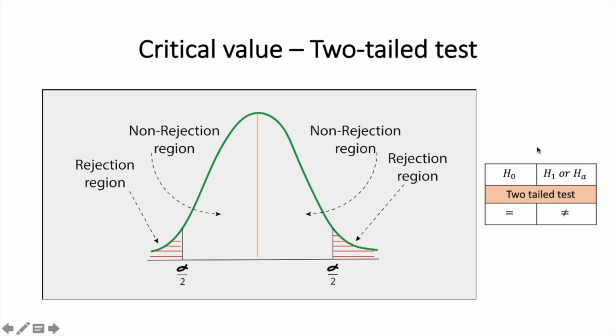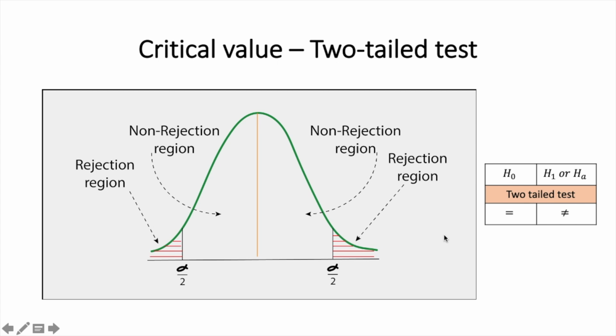So let's say if your null hypothesis has an equal sign, it means that you need to use a two-tailed test. This is how your distribution will look like. You will have the rejection region on both the upper and the lower, and you have the non-rejection region.